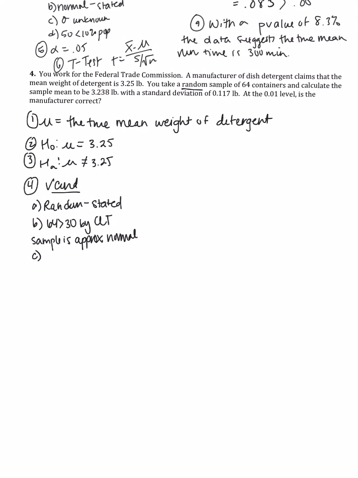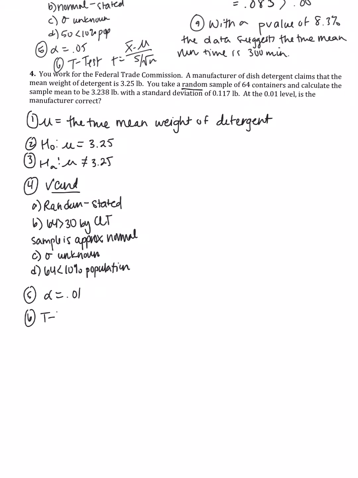Okay, C, is sigma known? It is not, because that value of 0.117 comes from the sample, that's s, not sigma. And D, 64 is less than 10% of the population, because we're talking about large population tests here. Step 5, alpha level is chosen for you of 0.01.